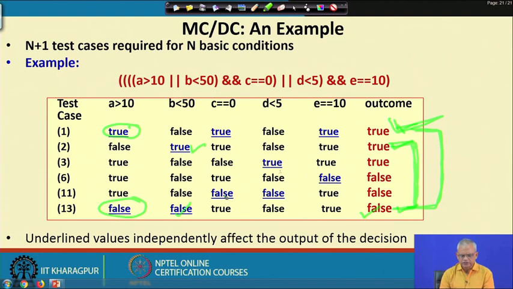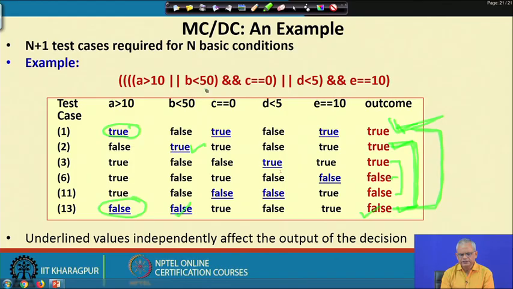The third clause is when this is true and the others are false, true, and true, and when this is false, with the others false, true, and true, the outcome toggles. So, we also need this, and so on.